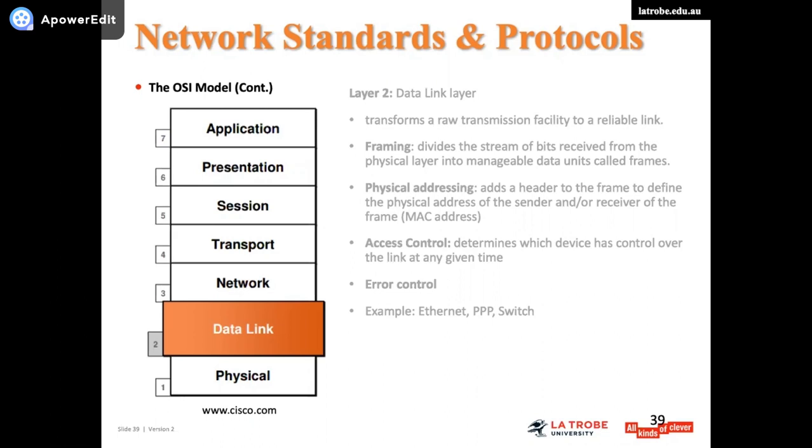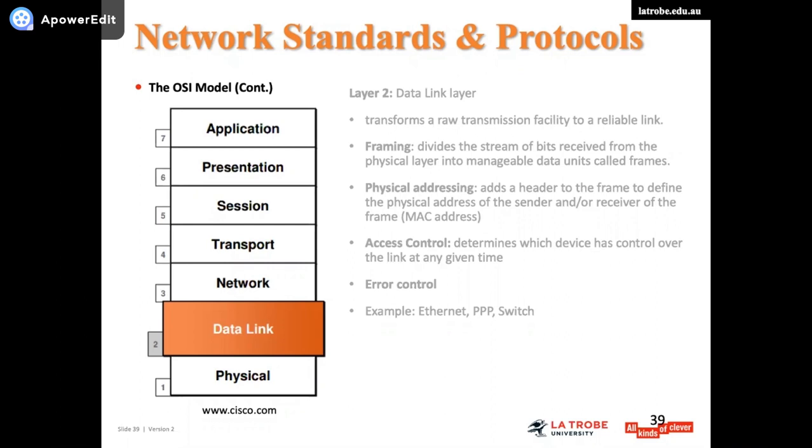The next important function is called access control. It determines which device has control over the link at any given time. Since our computers are connected with each other, all these computers share the transmission media and have the right to send and receive data anytime.